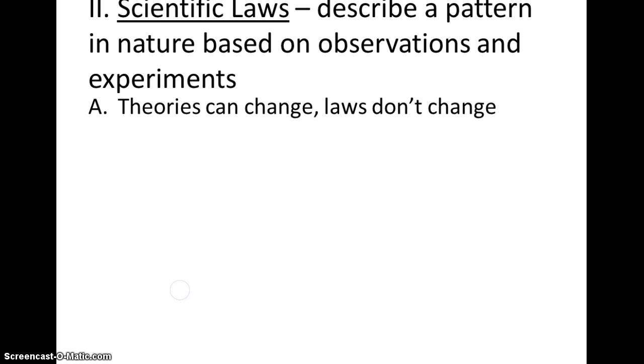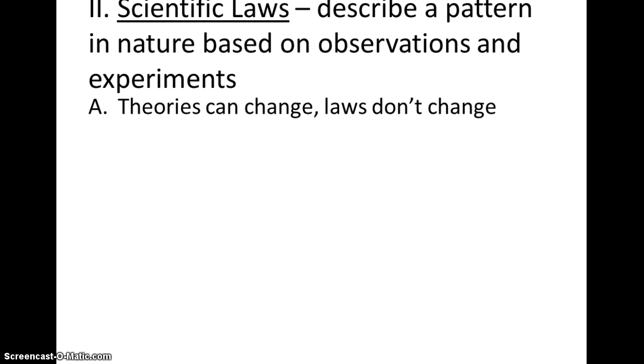Scientific laws describe a pattern in nature based on observations and experiments. The main difference between scientific laws and theories is that theories change if new information is available. Laws don't change because laws basically are just describing a pattern.